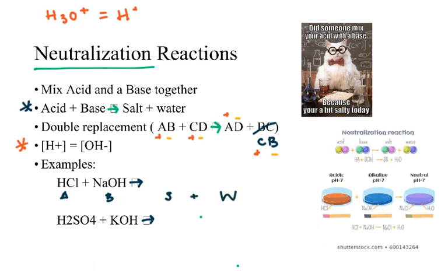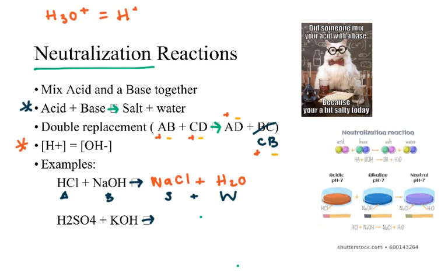So we know that one of our products will be H2O, and we are left with our salt being NaCl. Just double replacement. We can go through and make sure that this is balanced, 2 hydrogens, 1 oxygen. So of course, we have a balanced reaction here.